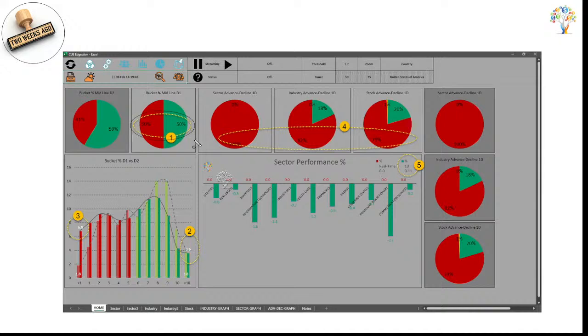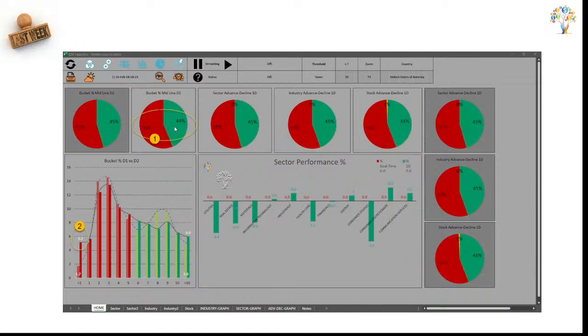It was neutral bucket analysis, meaning exactly 50% of stocks were above mid-Bollinger Band, exactly 50% below mid-Bollinger Band. Perfectly balanced in terms of this graph two weeks ago. And what I showed last week, notice the 50% balanced picture.